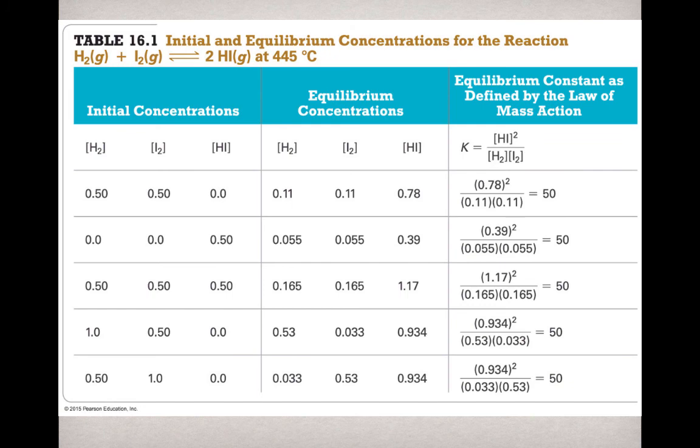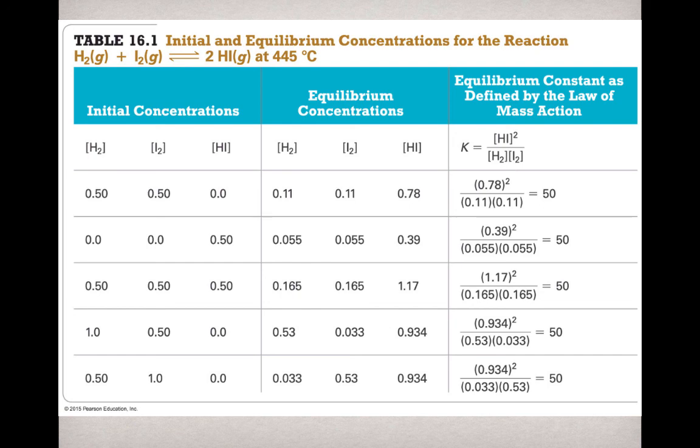Now the equilibrium concentrations are very important. They can vary within a single reaction depending on what the starting concentrations were, but the most important thing about equilibrium is that that ratio must always hold true. Here's a table for the reaction H2 plus I2 goes to 2HI, and we have our equilibrium constant expression there.